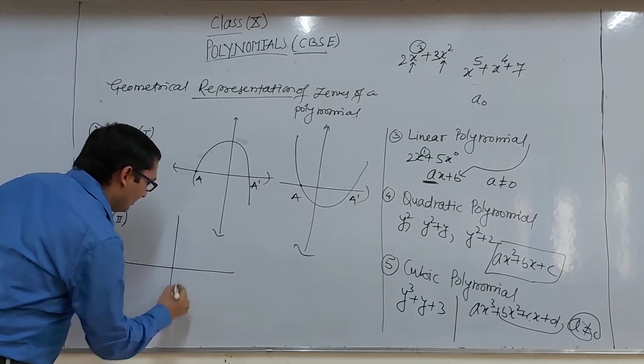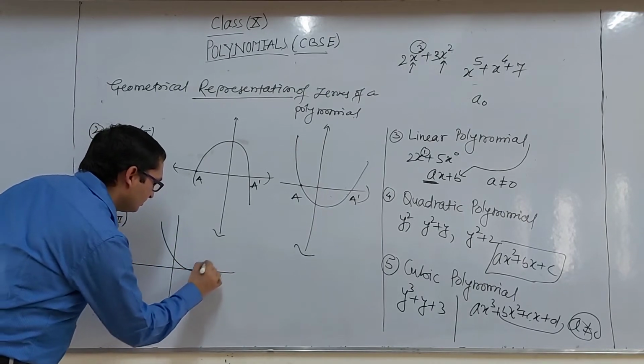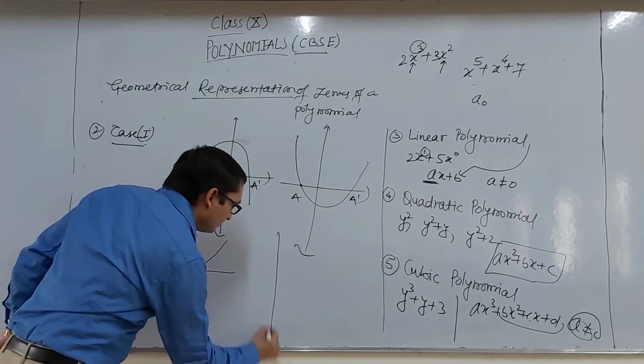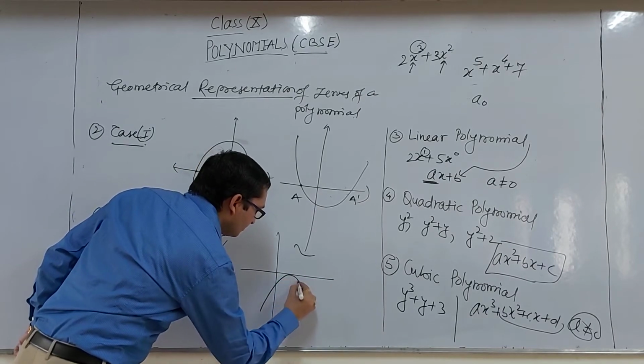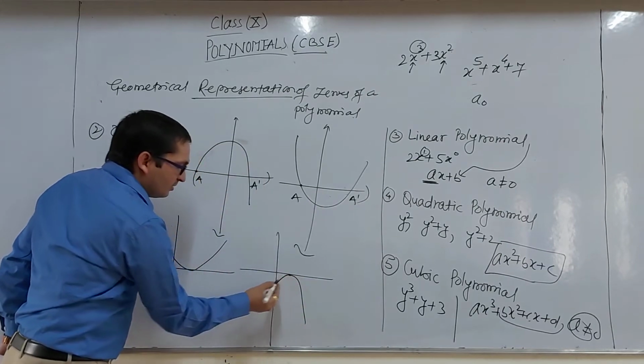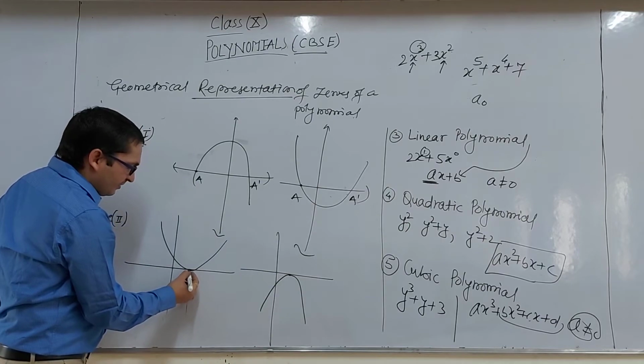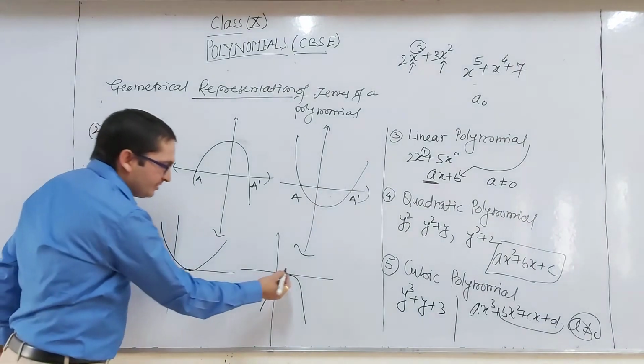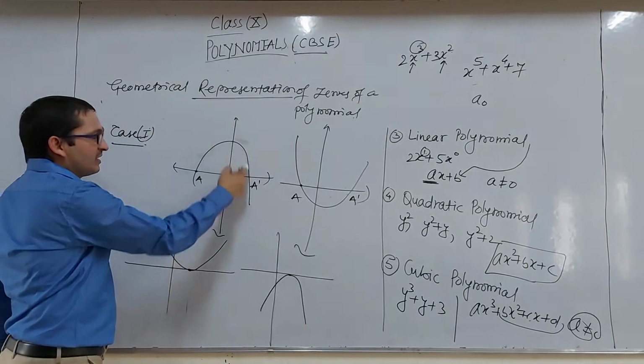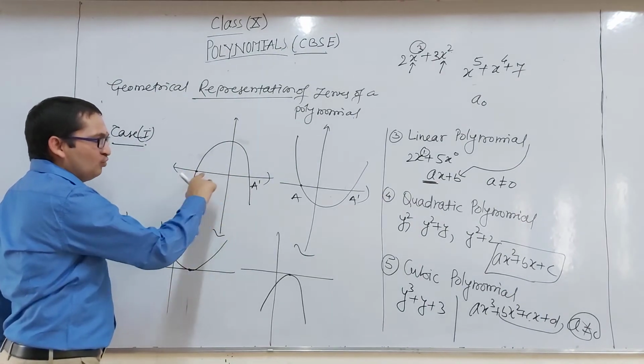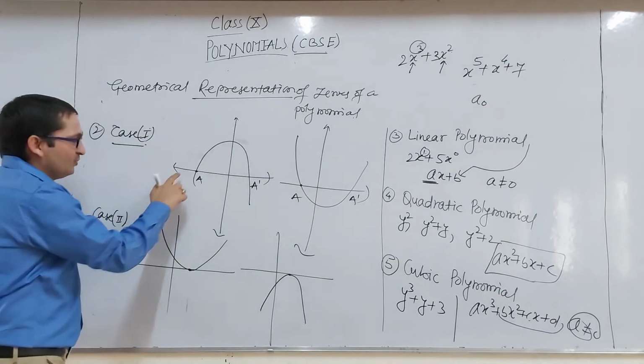The graph will be like this. Here the graph is meeting at a point. In the first case the graph cuts the x-axis at 2 points, so you will get 2 zeros.